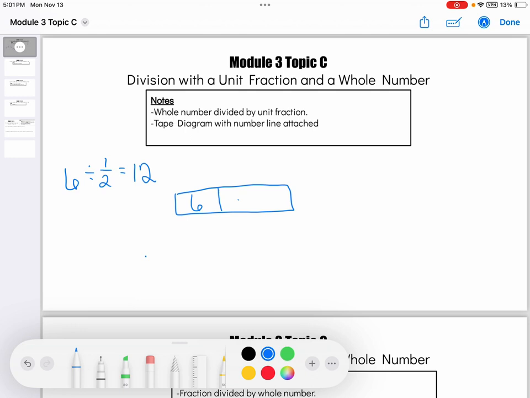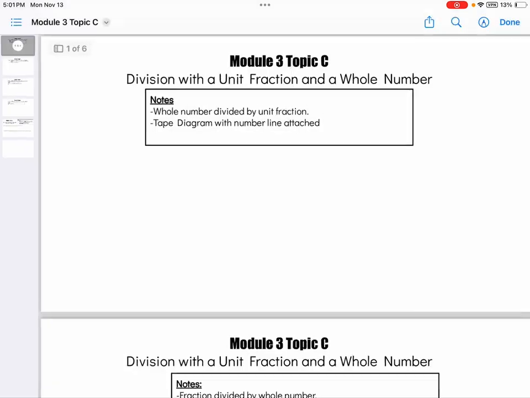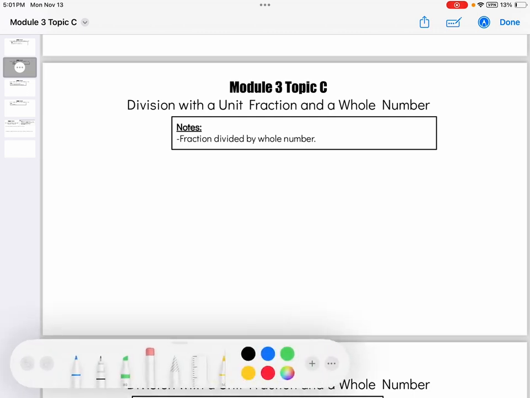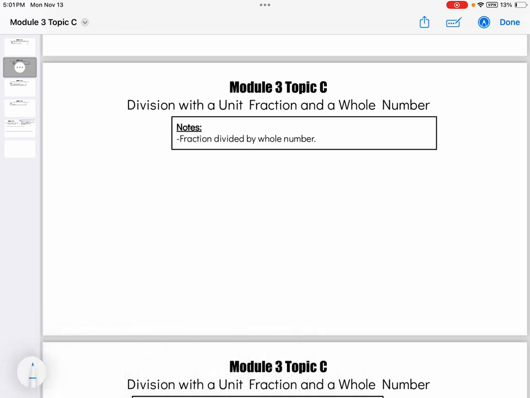So let's go ahead and look at this next slide. Okay, so this is the opposite. We're no longer dividing a whole number by a fraction. We have a fraction in the front. So we're doing a fraction divided by a whole number.